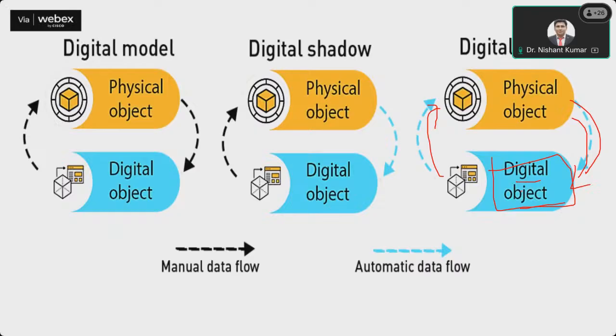If you realize the performance is not according to your expectation, you give a command to change the control action, and the controller on the hardware side changes things according to your command. This is called two-way communication.